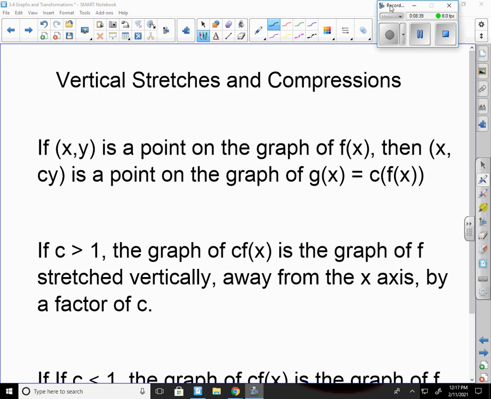If the number we're multiplying by is greater than 1, then the graph of the function is the graph of the original stretched vertically away from the x-axis by a factor of c. In other words, if I multiply by 2, it's going to be stretched out twice as long.